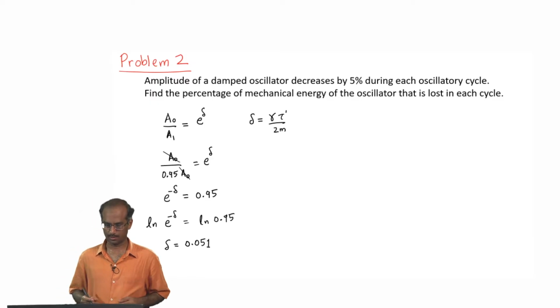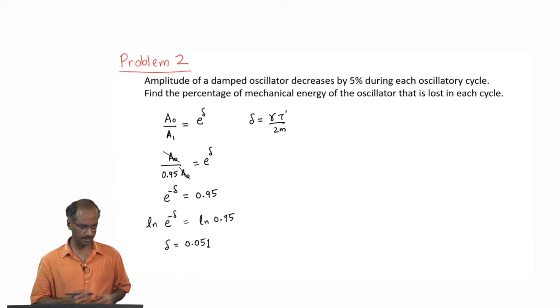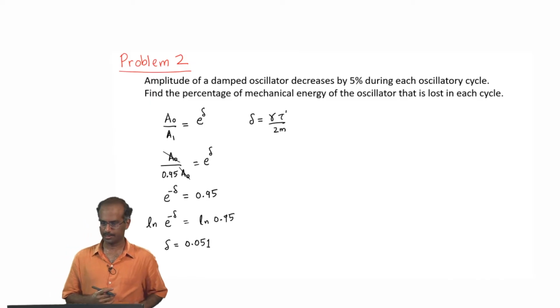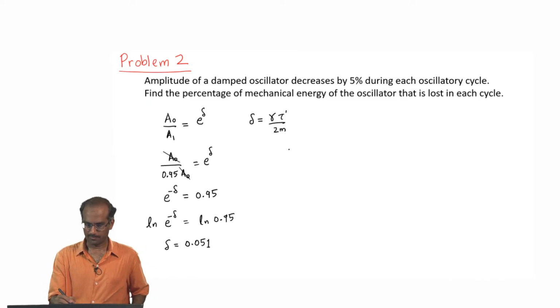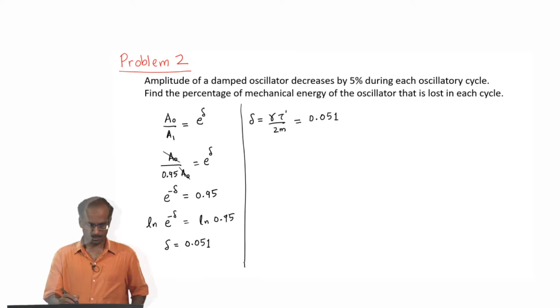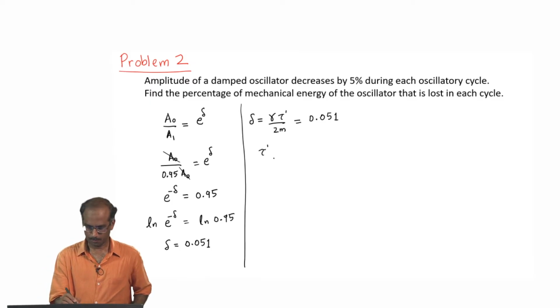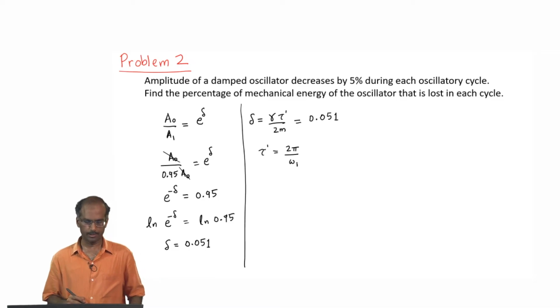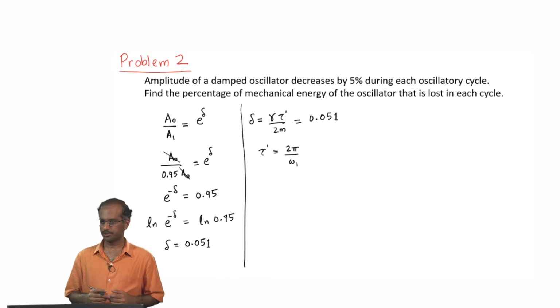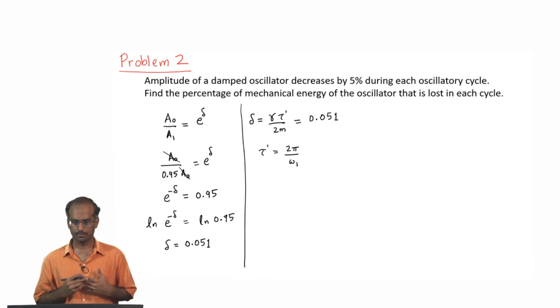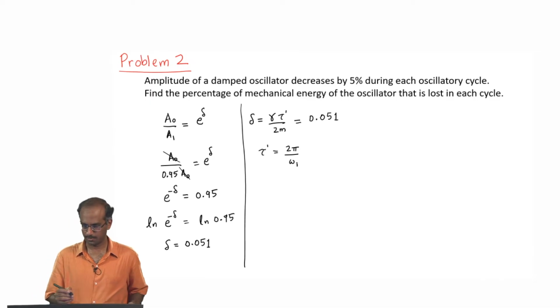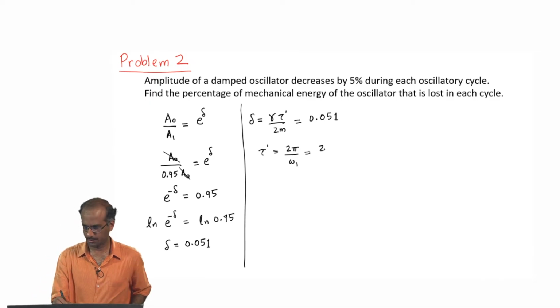You can do this calculation yourself with a calculator and check that this is the value of delta. Now, we know that delta is equal to 0.051. I also know that tau prime is equal to 2 pi by omega 1, and as usual we are going to assume that the damping is sufficiently small, so that this is approximately equal to 2 pi by omega 0.